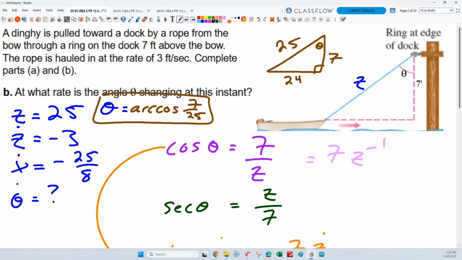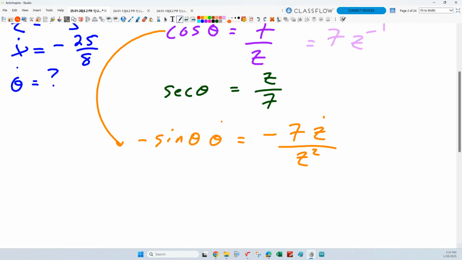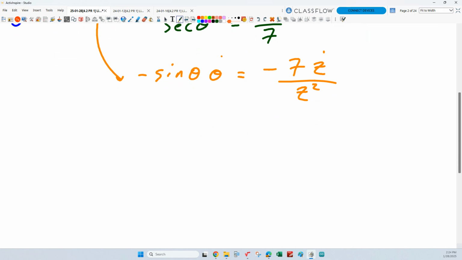Okay, so one option would have been, down here, we'll call this plan A. Plan A would have been just to leave that theta as a calculator number that we plug in, right? So if we solve for, what are we trying to find here, theta dot?